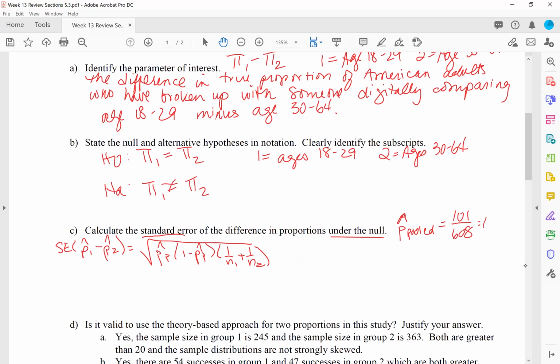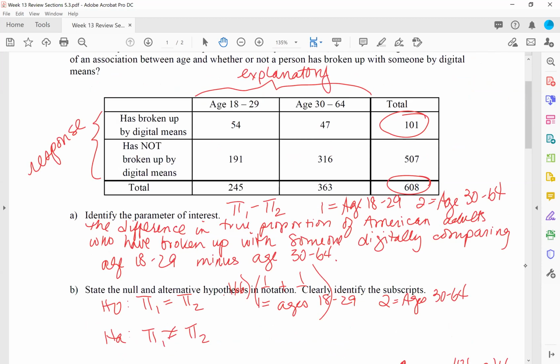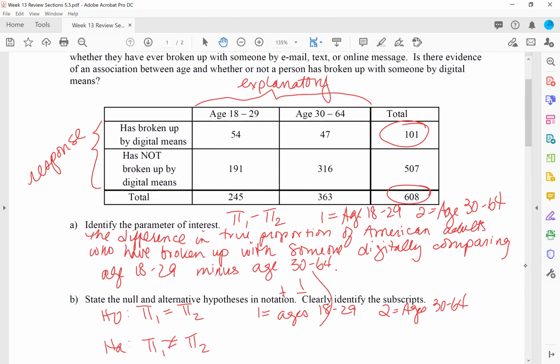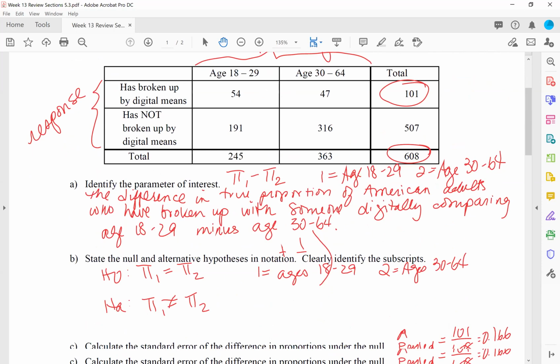And that's 0.166. And then we need our sample sizes for each of our groups. So we have 245 and then 363.